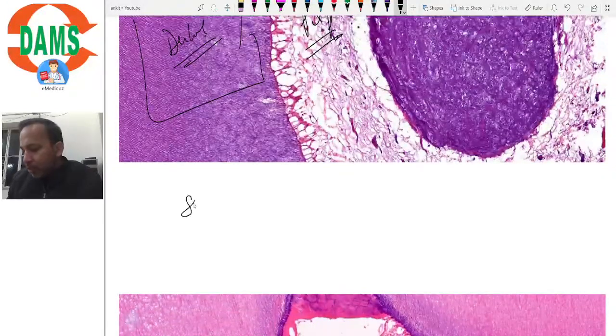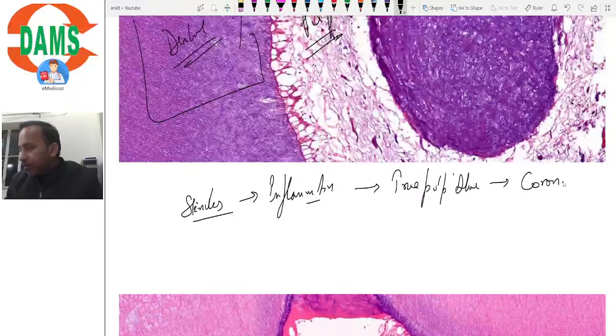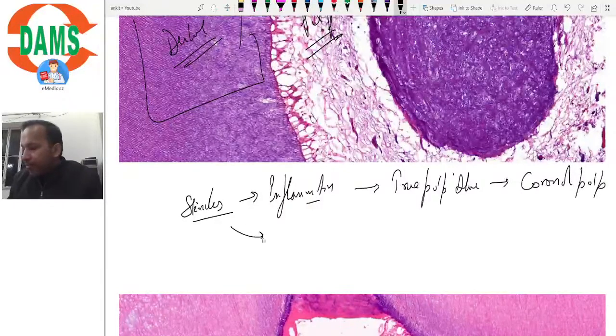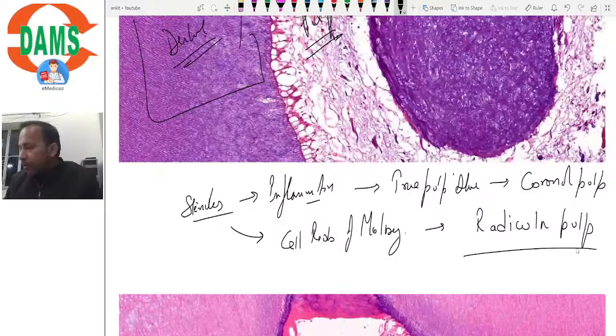So if the stimulus is inflammation, then true pulp stones are seen in coronal pulp, and if the stimulus is cell rests of Malassez, then the true pulp stones are seen in radicular pulp.